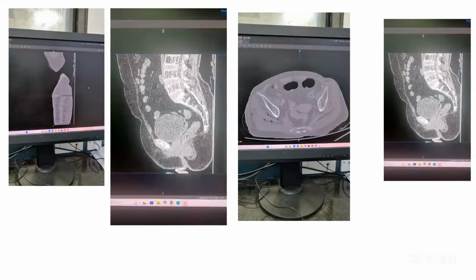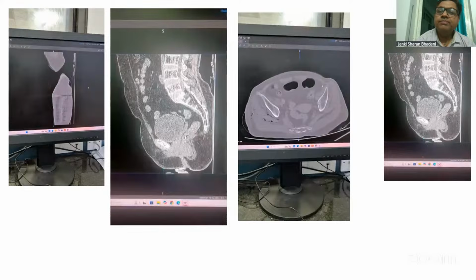Shall I share? He has joined through another computer, sir. You'll have to switch off one because echo is coming.